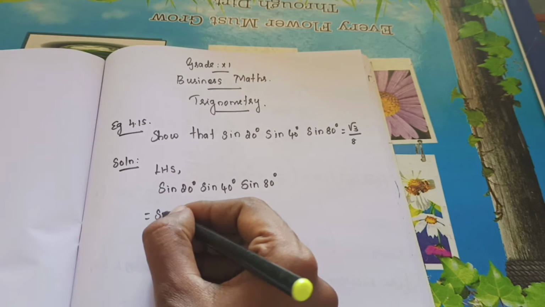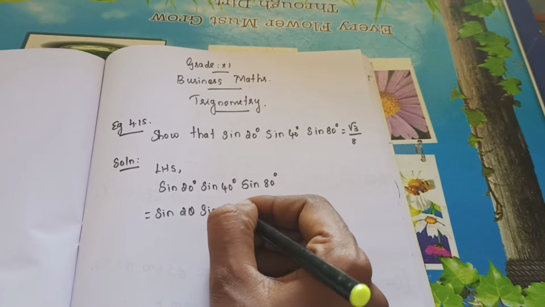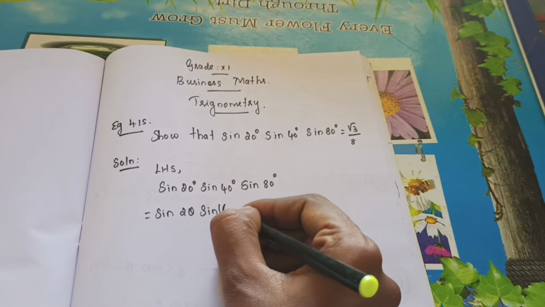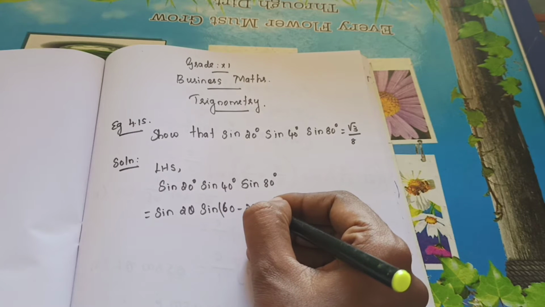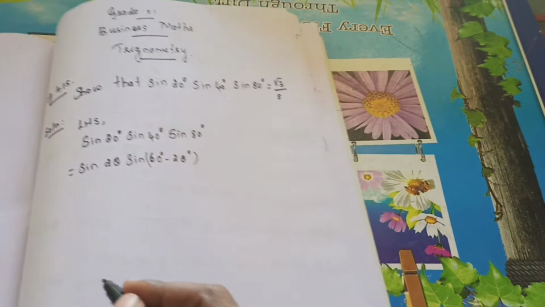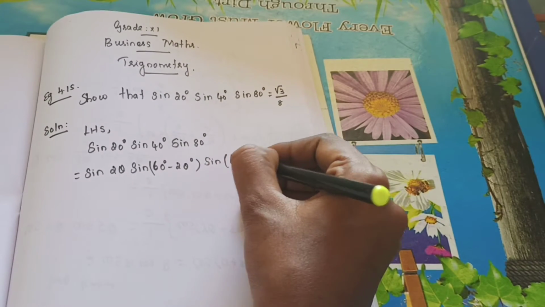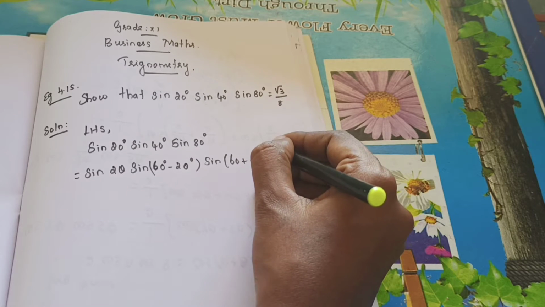That's equal to sine 20 degree, sine 40 degree. So in the place of sine 40 degree, we can write it as sine 60 minus 20. What's the value? 40, correct? Then same as that, sine 60 plus 20 degree, correct?